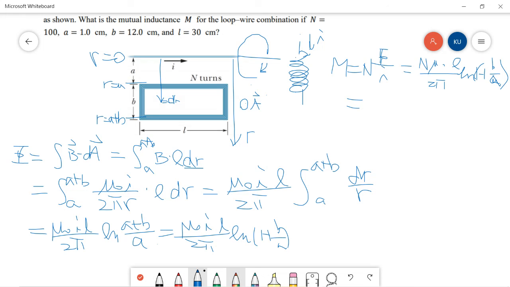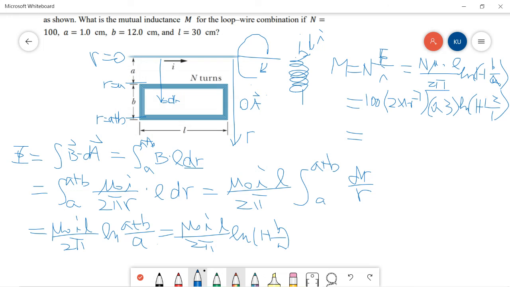So we substitute all the numbers. N is 100, and mu 0 is 4 pi times 10 to the minus 7. So we have 2 pi, so only 2 times 10 to the minus 7 remains. And L is 30 centimeter, so it is 0.3 meter. ln of 1 plus b over a: b is 12 centimeter, a is 1 centimeter, so we have 12 over 1.